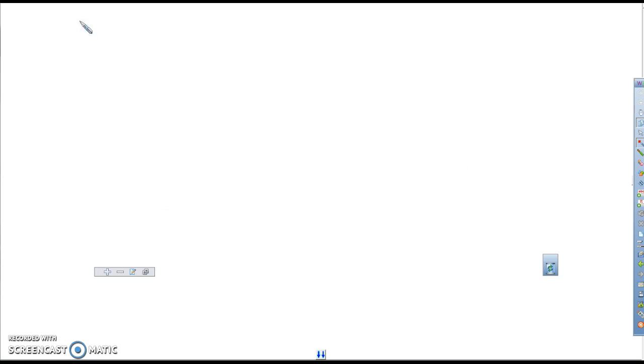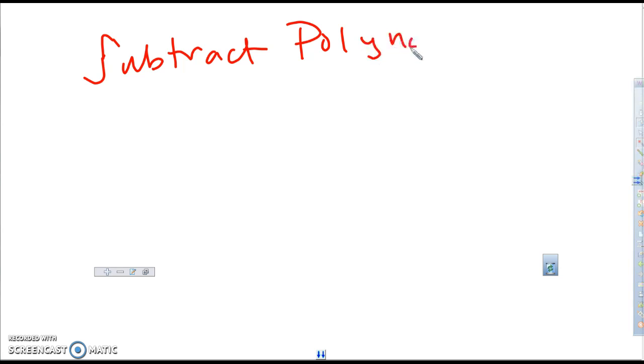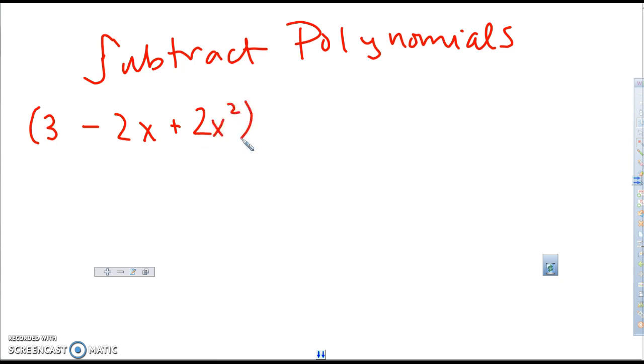And we don't just want to add polynomials, we also want to subtract them. So let's say I start with 3 minus 2x plus 2x squared, and you see that I'm going to have to put this in standard form, minus a 4x minus 5 plus 3x squared.